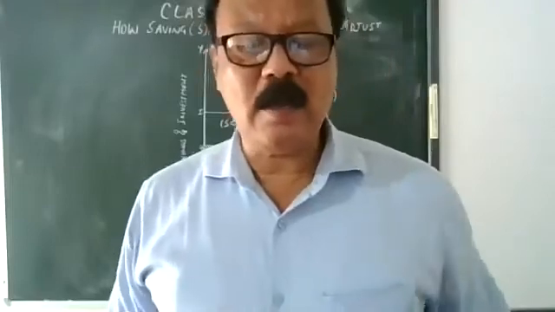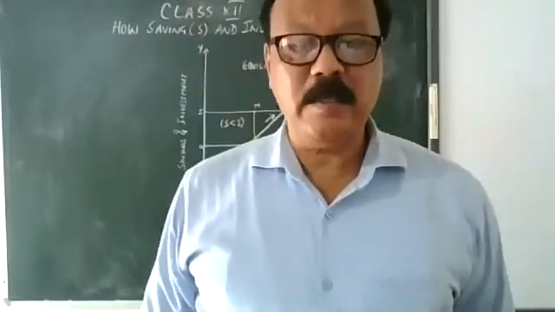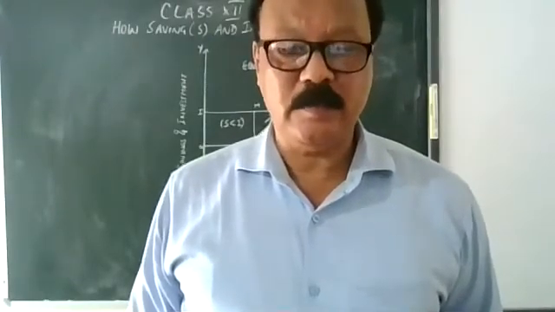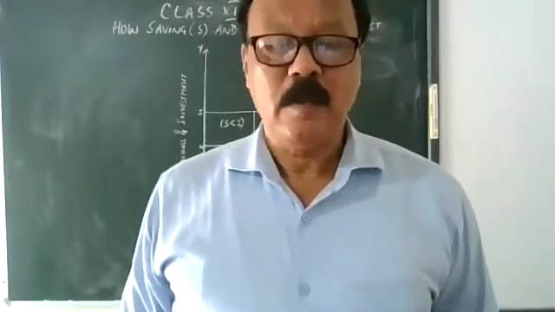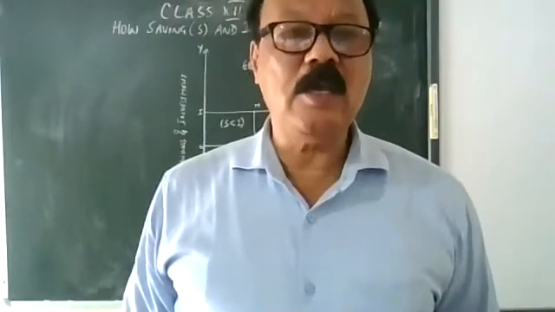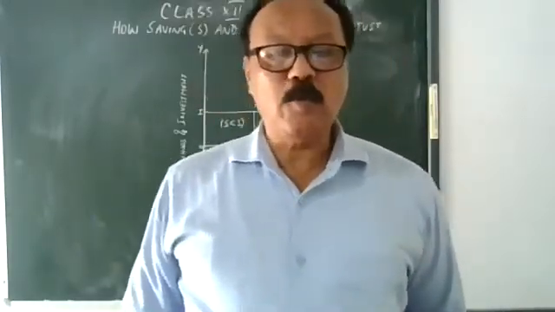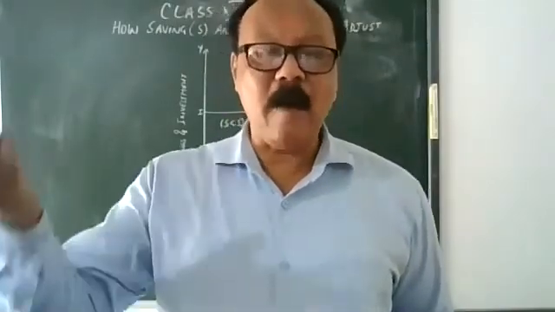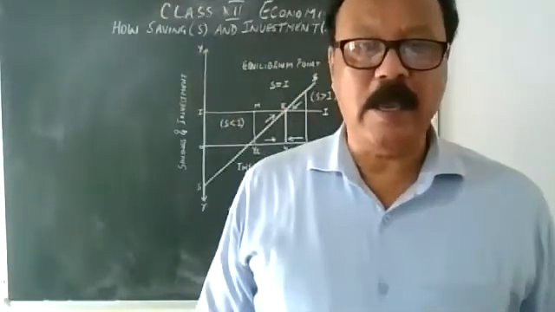So, equilibrium occurs when planned savings equals planned investment. Now, when we talk about a free economy, when saving is not equal to investment, then what will happen? Output will tend to adjust either up or down until the two become equal again.